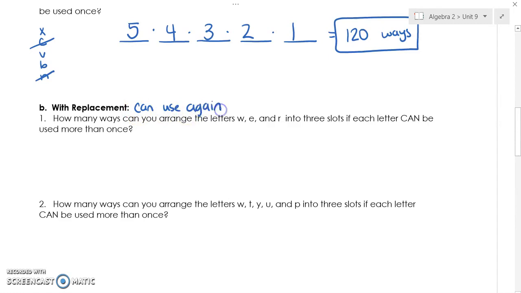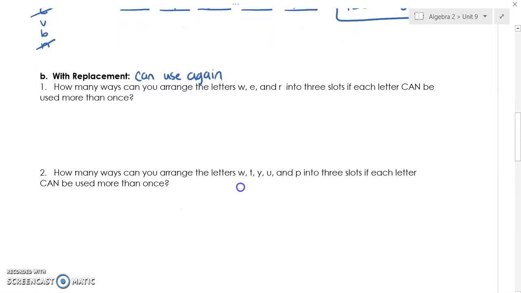Okay? So it says how many ways can you arrange the letters W, E, and R? So here are my letters. And I have 3 slots again. So I'm going to do 1, 2, 3. It says if each letter can be used more than once. Alright. So for the first space, I have 3 letters. Let's say I use W. The thing is I can use it again.